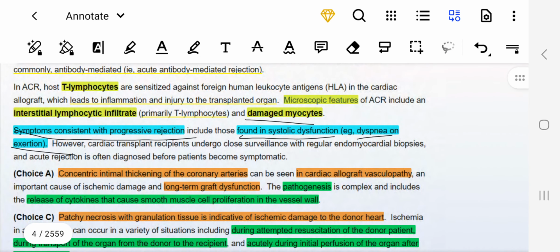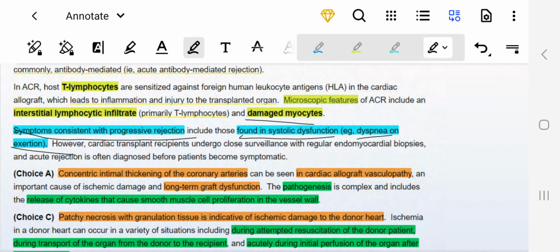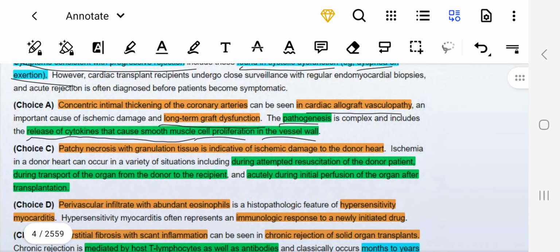Then I talked about why not option A, because that is associated with cardiac allograft vasculopathy, right, which is a long-term graft dysfunction. I talked about this. The pathogenesis is the release of cytokines that cause smooth muscle cell proliferation in the vessel wall, right?